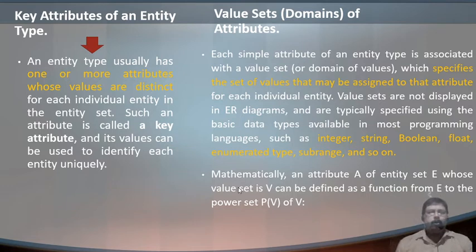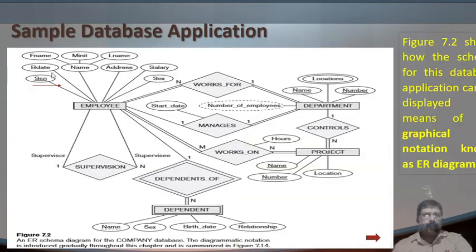Okay, the next topic is the domain of an attribute, or a set of values. When we created a table, the field names we specified are the attributes, and the entity name is the employee.